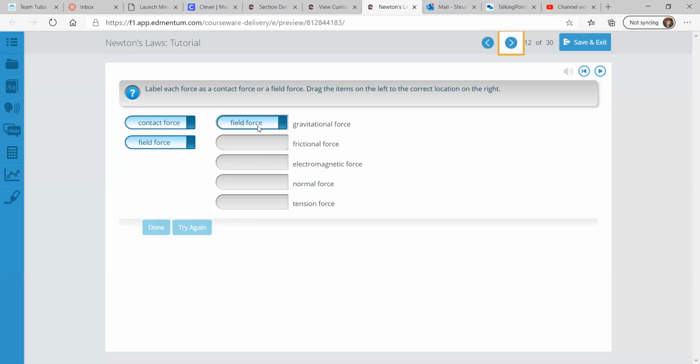So we just talked about gravitational force, electromagnetic force, and yeah, those are the field forces. And then frictional force is contact, normal force is contact, tension, contact. Bam.